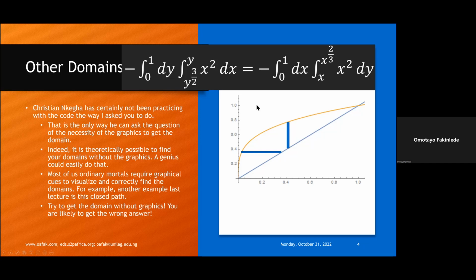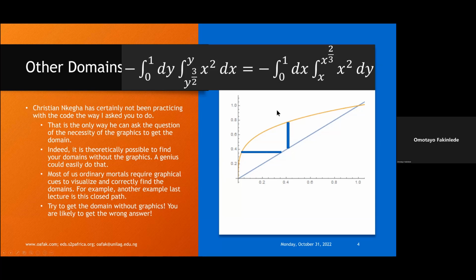And it is quite possible you can get this without graphics, but I do not know an easier way to get this very clearly apart from using graphics. Try to get the domain without graphics, you are likely to get the wrong answer. You can see our answers are always right because of the graphics there. This is just one example.